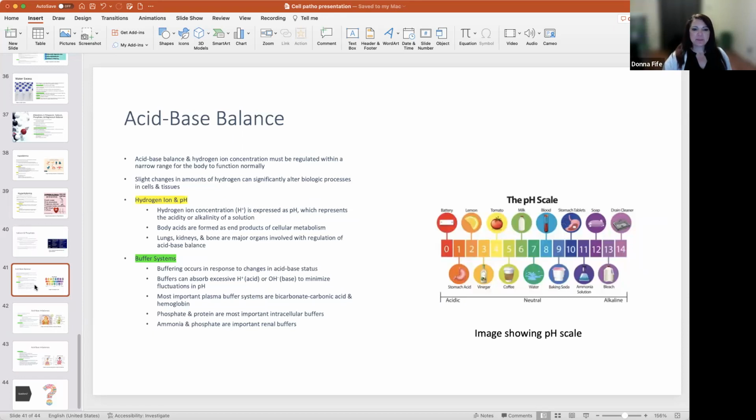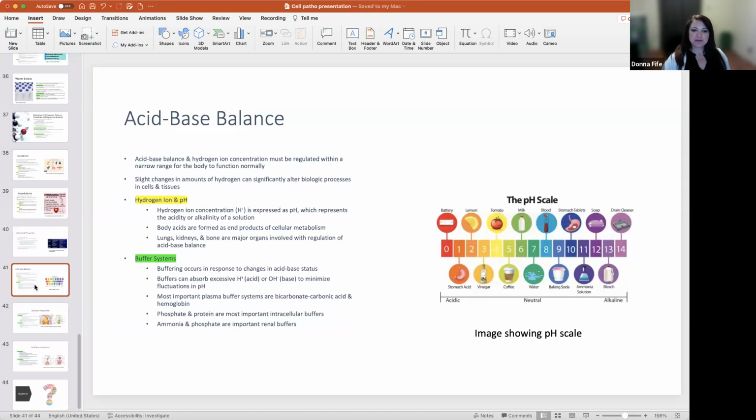Acid-base balance. Acid-base balance and hydrogen ion concentration must be regulated within a very narrow range for the body to function normally. Even slight changes in the amount of hydrogen can significantly alter biological processes in the cells and tissues. Hydrogen ion and pH.